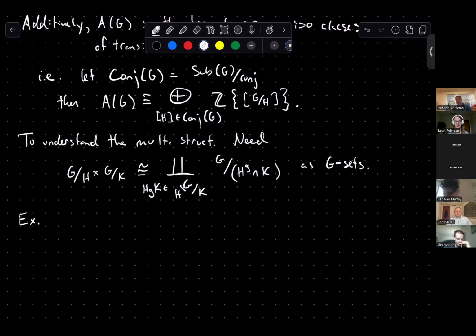So just like in the representation ring case, the Burnside ring of the trivial group is the integers because it's the Grothendieck ring of isomorphism classes of finite sets in that case.